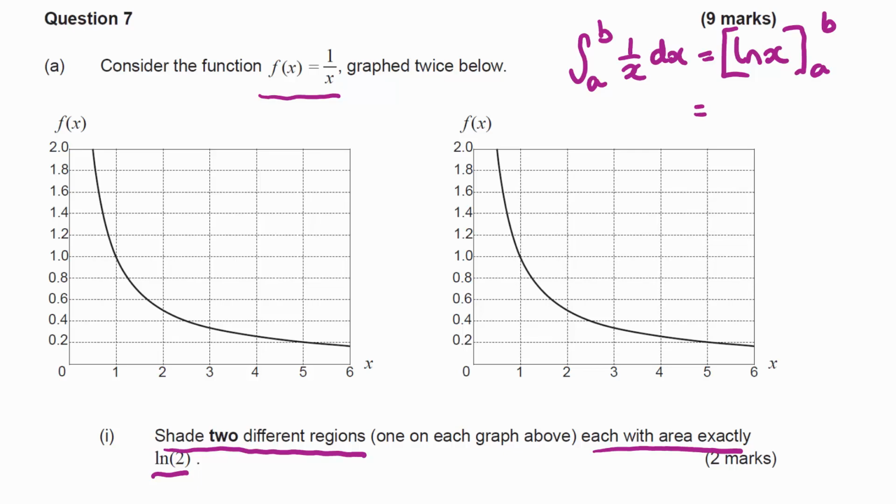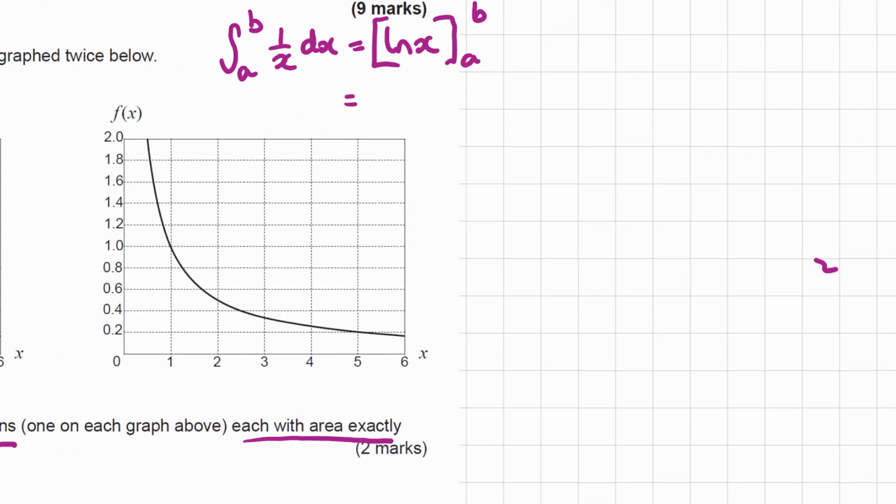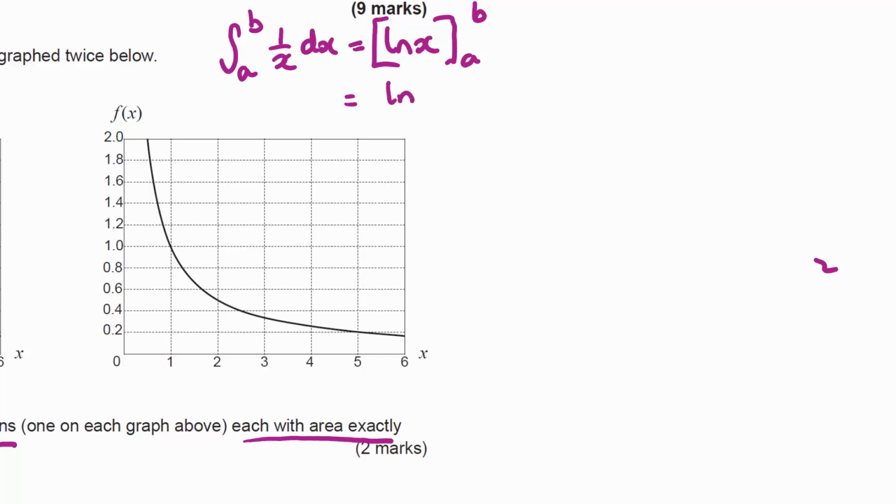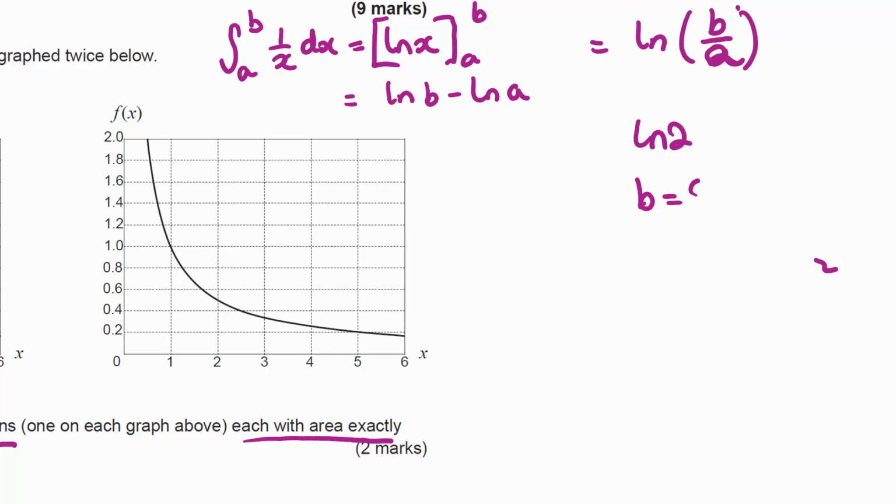Now that would be, let's just move over here, ln b take away ln a, which is ln b over a. So if we want that to be ln 2, it follows that b has to be twice a.